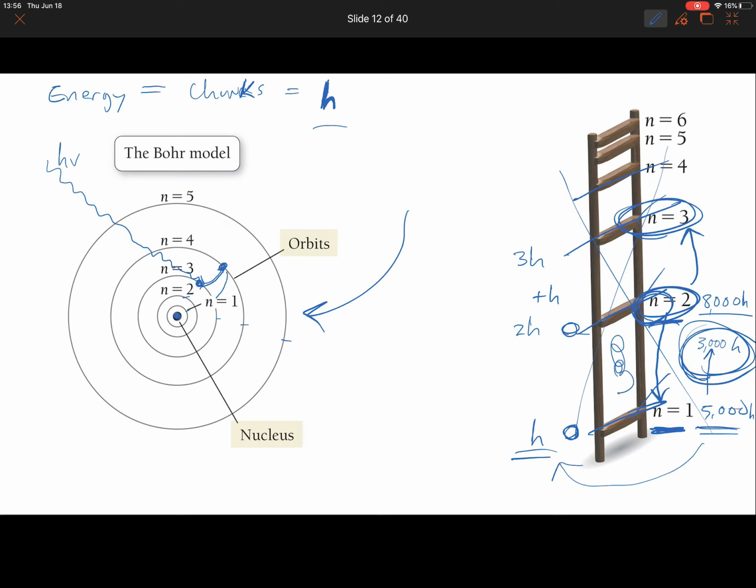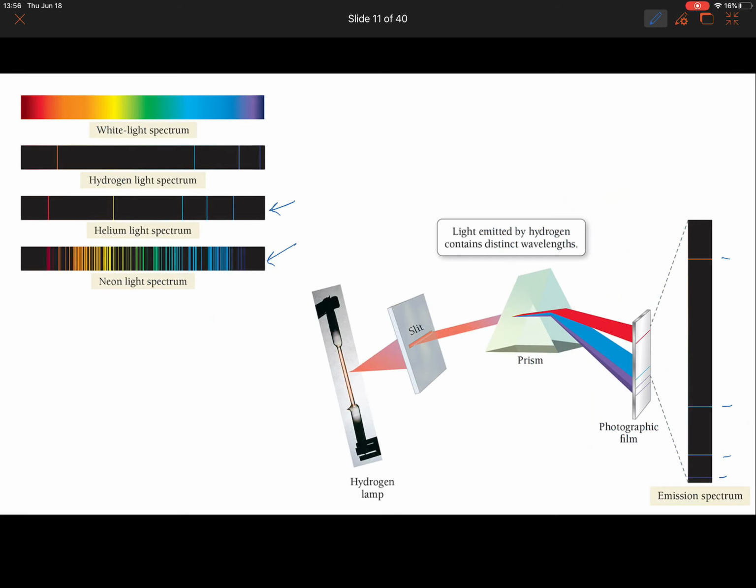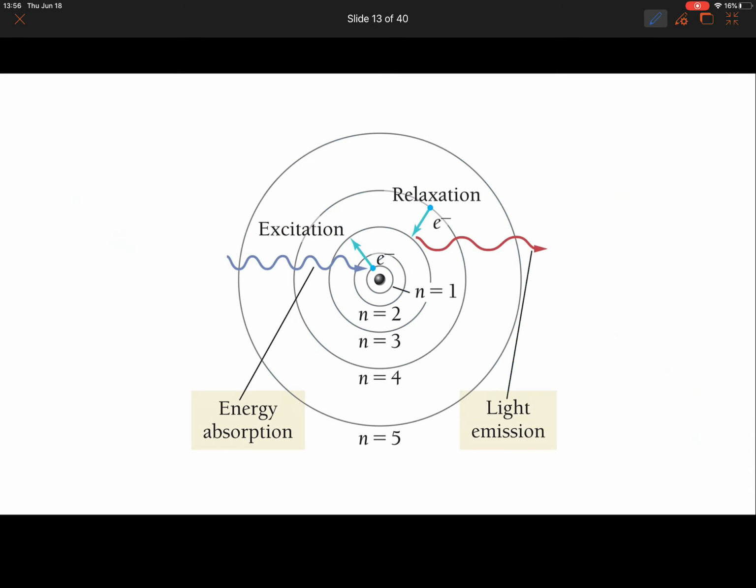You're going to drop back down. You can drop back down to n equals 3, or maybe all the way to n equals 2, whatever you're feeling. But when you do that, you're going to kick out another photon to carry away that energy that you don't need anymore. These photons being ejected from the atom correlate to the photons that we're seeing. That's exactly what's happening.